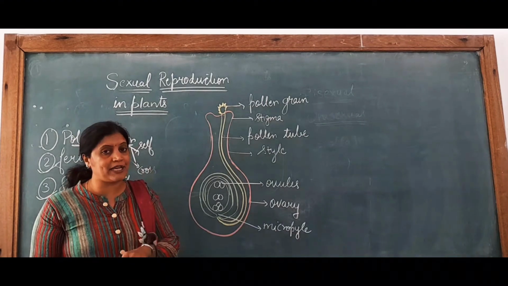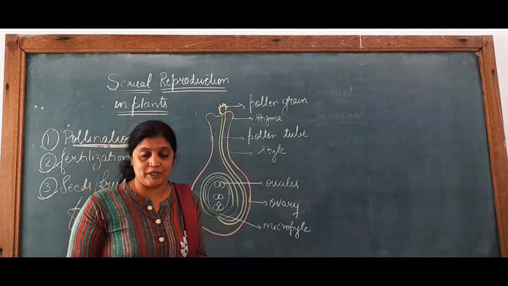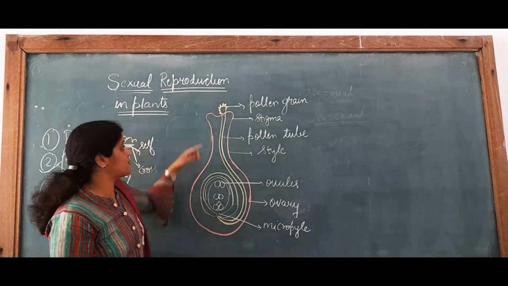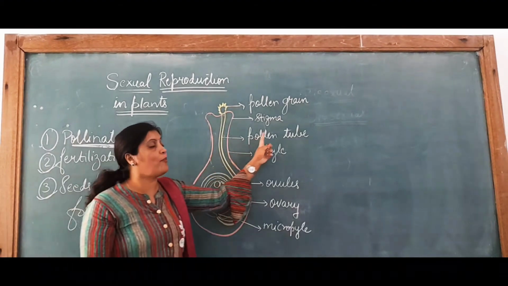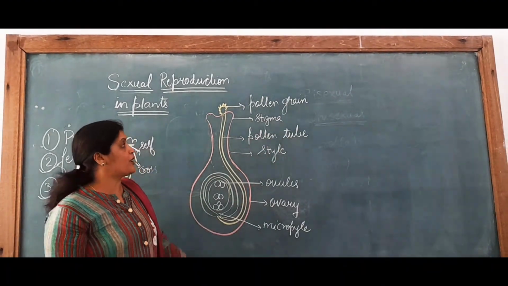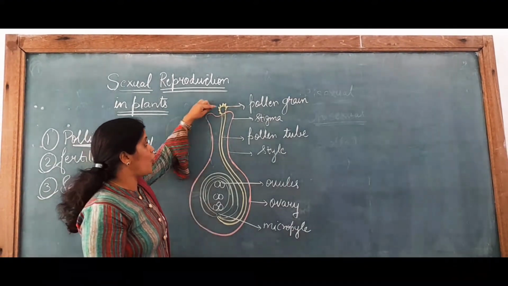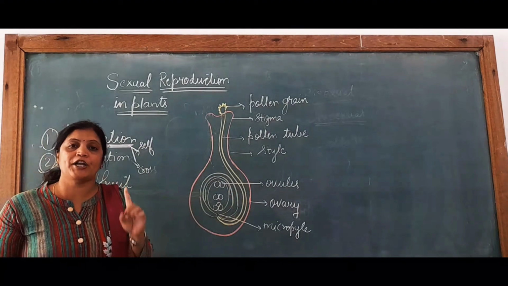Due to this chemical, one stimulation occurs which is called chemotropism. Due to this chemotropism, one tube arises from the pollen grain, which is called the pollen tube.